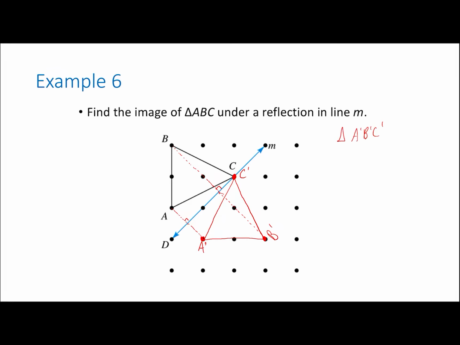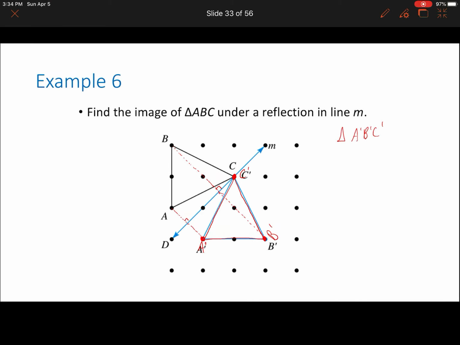And hopefully you can see that if you kept point C where it is and you just flipped it over, you would have the same image. And so you do see that show up there in blue over mine, A prime, B prime, C prime. If you have any questions about the reflection, let me know. We'll continue talking about reflections a little bit in our next video.